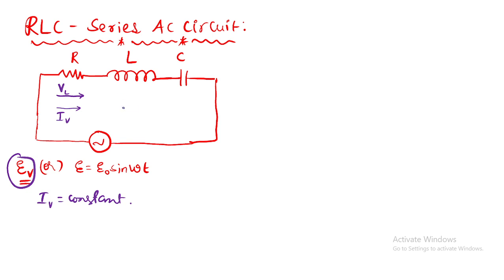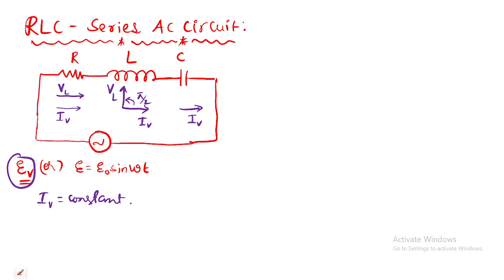So here the current is like this, IV, everywhere the current will be like this only, no? Now what happens here? The current will be lagging and the voltage across the inductor will be leading by how much angle? Pi by 2.